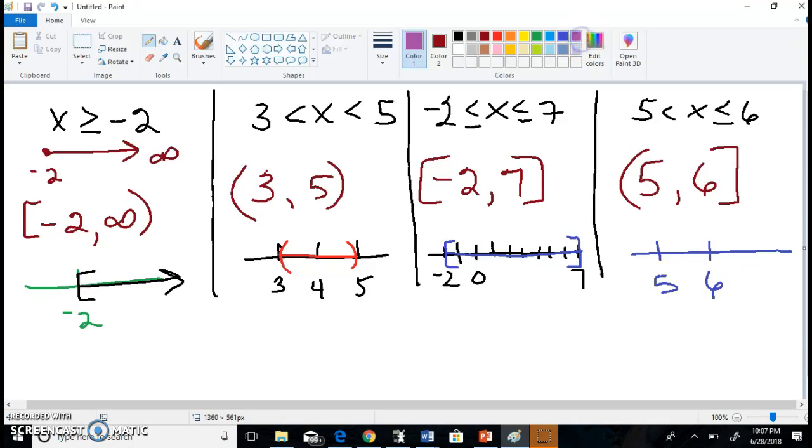You would do a parenthesis on the 5, a bracket on the 6, shade in the middle. So basically I'm just showing you the graphing is the same kind of thing. It's just instead of open circles you use parentheses, instead of closed circles you use brackets on some of the homework questions. Okay, so we're gonna have to go on to part 4, it looks like.